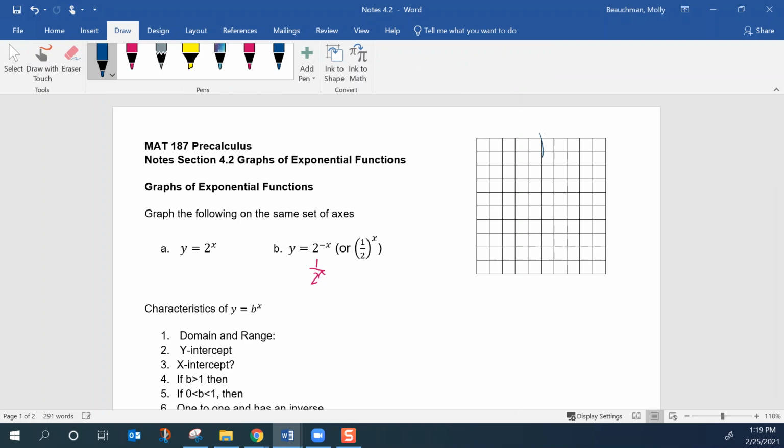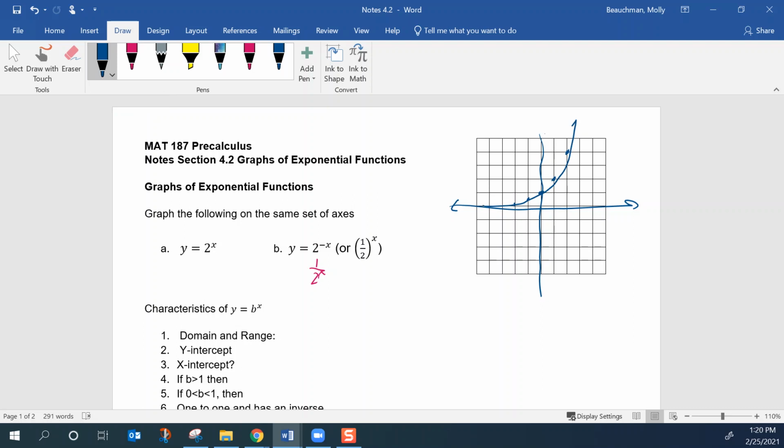What our graph looks like, and we looked at this graph in the previous notes: 2 to the x, when x is 0, y is 1. 2 to the power of 0 is 1, at 1 we get 2, at 2 we get 4. On the other side, when we put negatives in, 2 to the power of negative 1 is a half, negative 2 is a fourth.